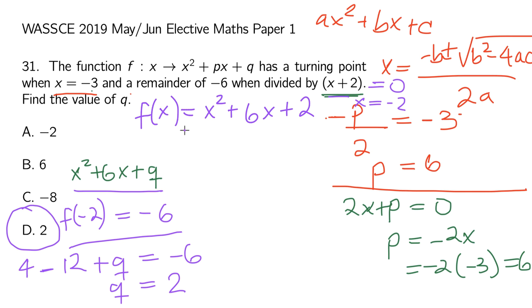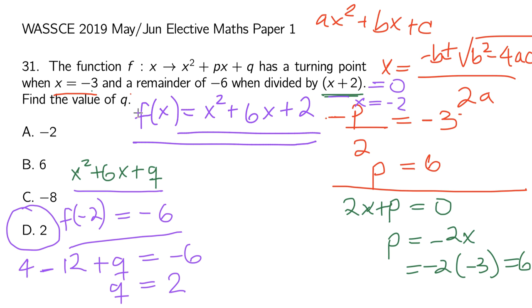All right, let's find the turning point by differentiating, and then let's also see if when we divide by x plus 2, or when we use the remainder theorem with x equals minus 2, we're going to get the result. Those two tests, if you do them, you're going to find that indeed the numbers we get are correct. Therefore, we should be satisfied with our answer.